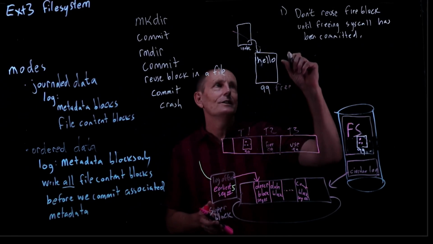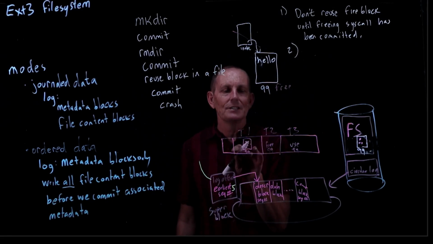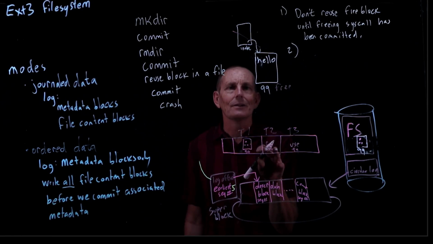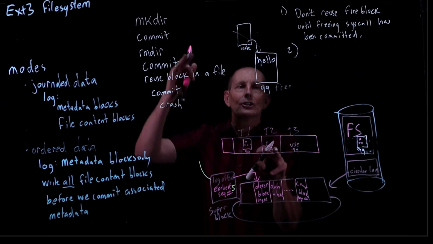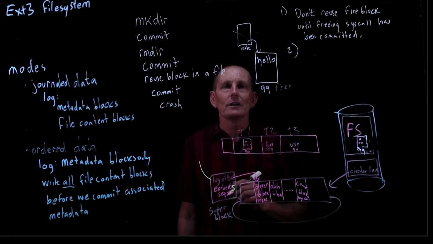Our solution is, basically we shouldn't have written dot and dot dot into 99 because we know we're about to free 99 later. So we know some later transaction could have had file content that writes into 99, that this should not replay over.